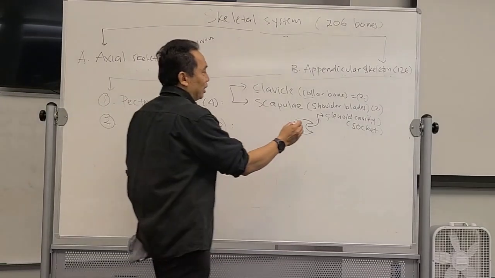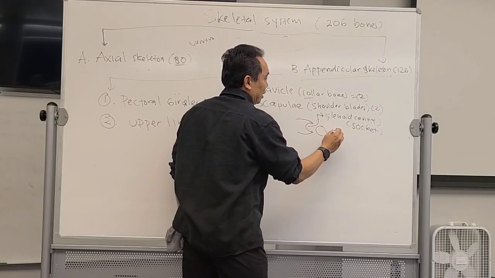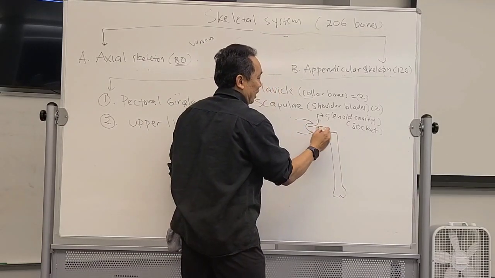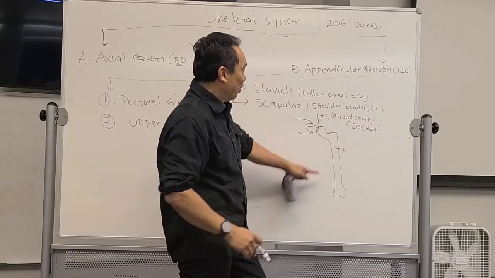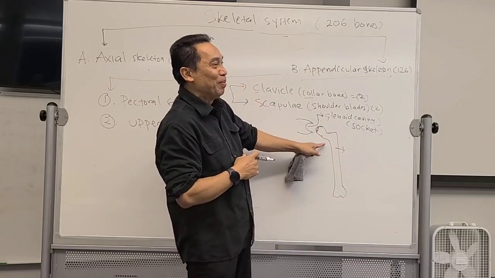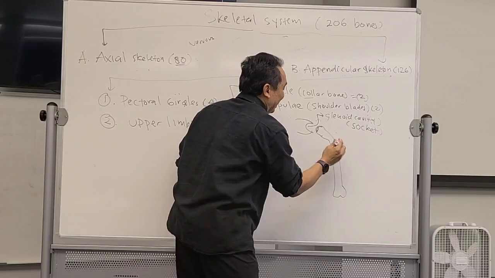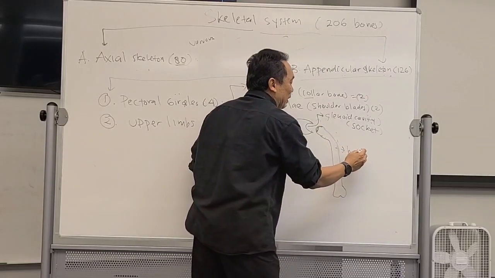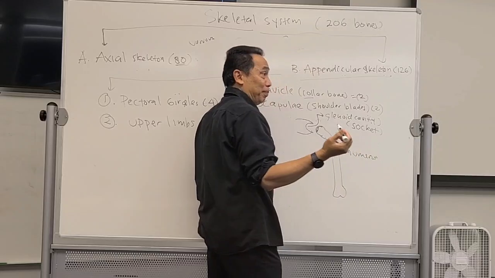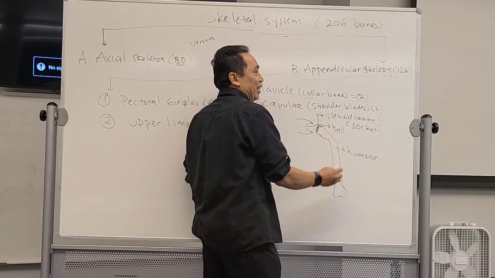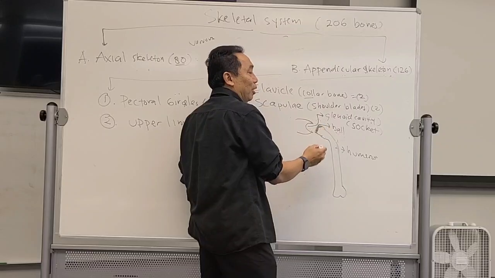First is this. No, not femur. Sorry. This looks like a femur, but maybe it's too much like this. This is the humerus, the upper arm, and it has a ball. So the process over here is called the ball.